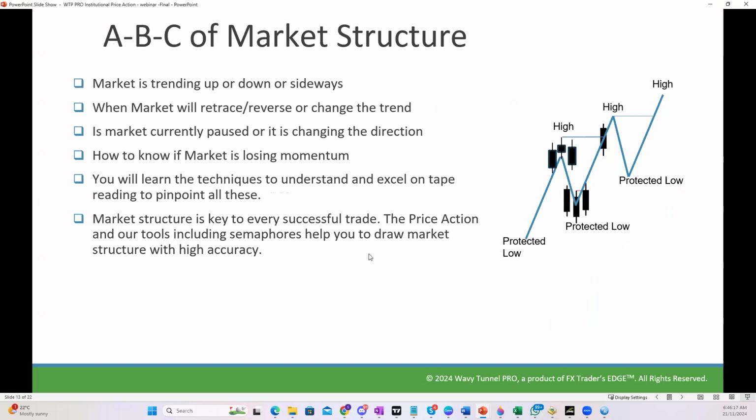Okay. Now, the next thing I want to talk to you about is the market structure. How do we know that the trend is going up and that the trend will continue going up? We all know the very basics of market structure, that the market goes up: higher high, higher low, higher high, and higher low. We all know about this one. This is the market structure which shows that the market wants to move upside.